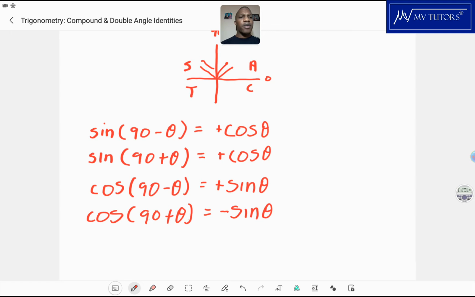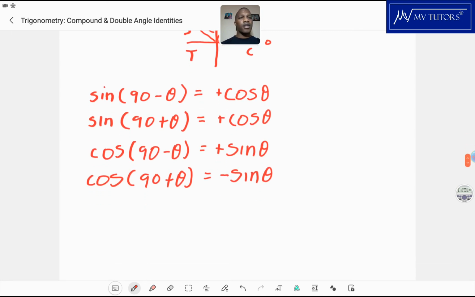Okay, so remember that you have to start with the sine before you change a cos into a sine or a sine into a cos. This is the only time though when the answer is negative.